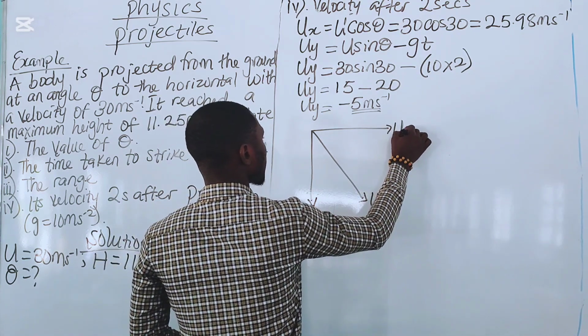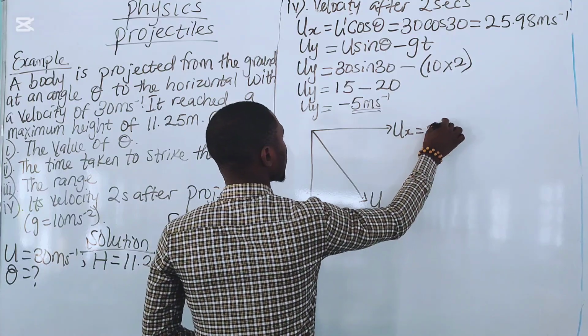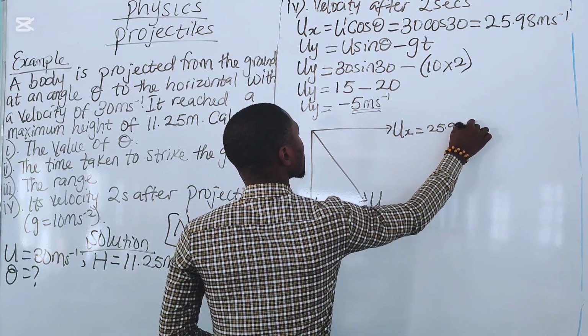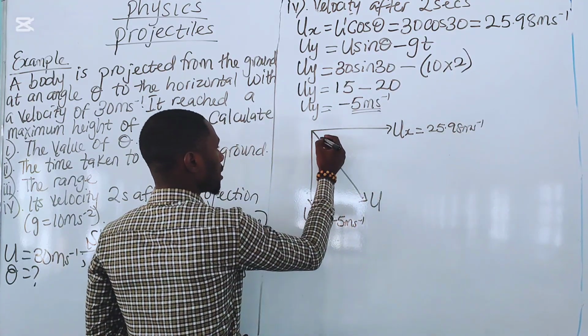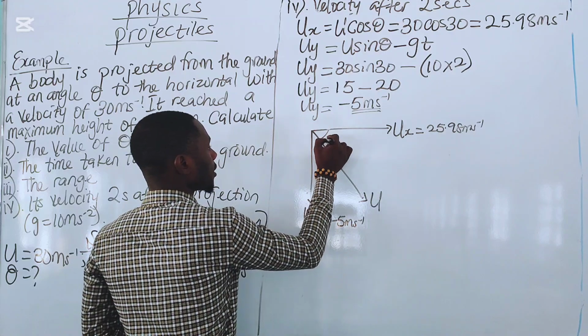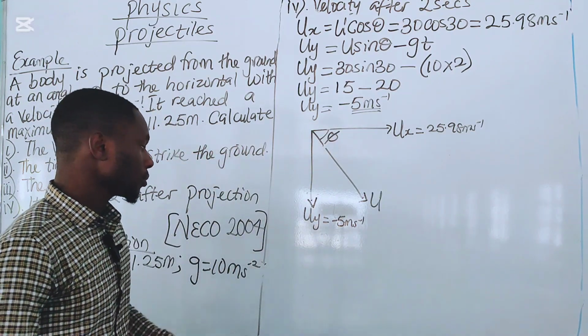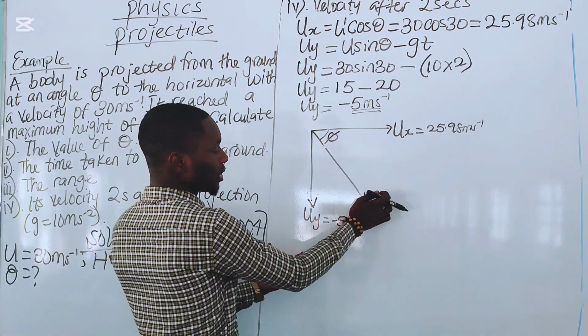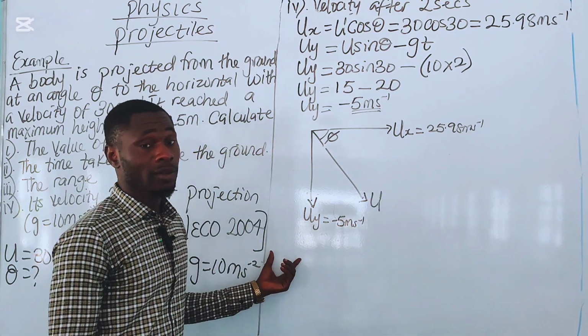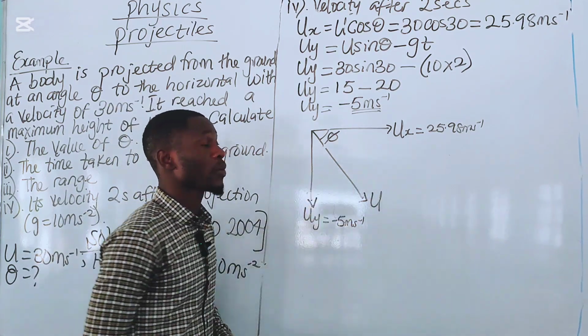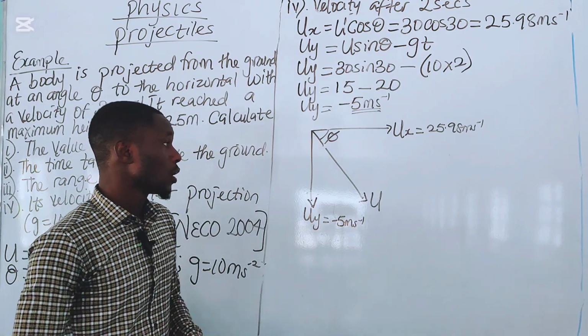This is ux, which is 25.98 meters per second, and the resultant is inclined at an angle, let's say phi, to the horizontal. The next thing is to find u using Pythagoras, since the two components are always at right angles to each other.